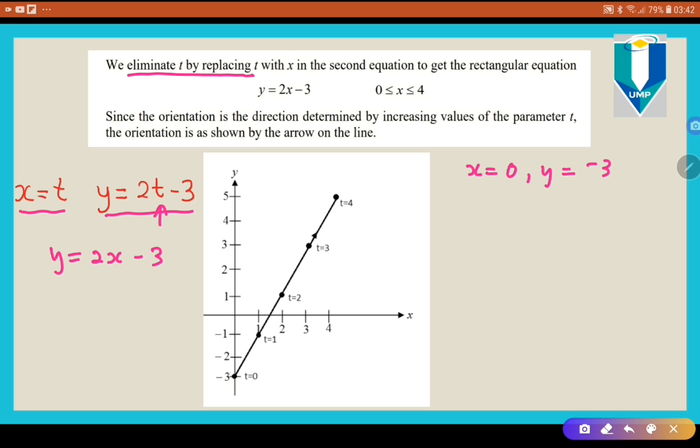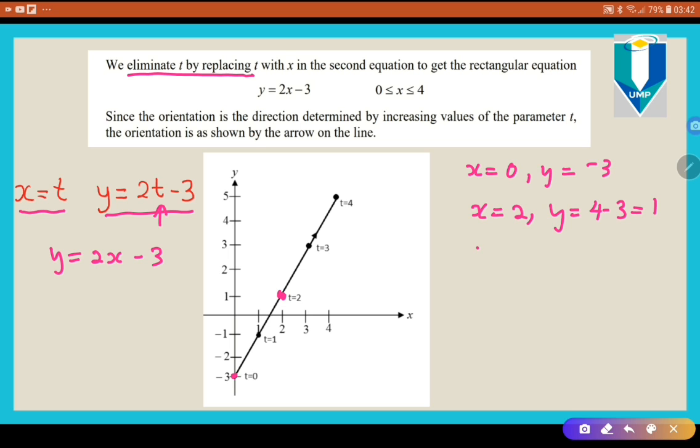So we have the point here. Then we can plot another point, let's say x equivalent to 2. When x is equivalent to 2, y is equivalent to 2 times 2, which gives you 4, minus 3, which gives you 1. So you plot this point here.